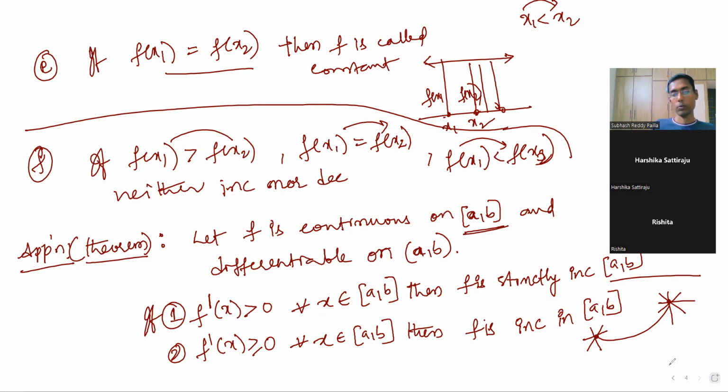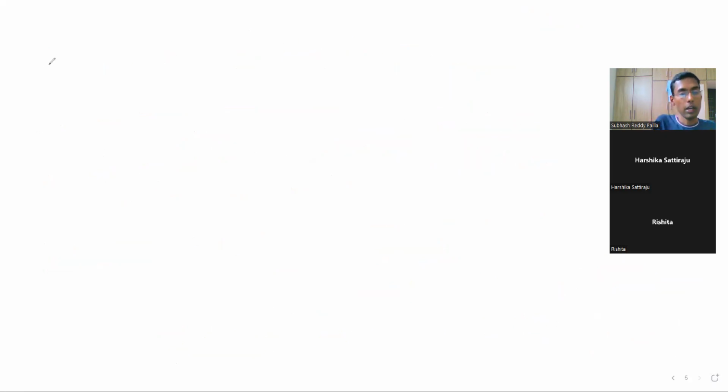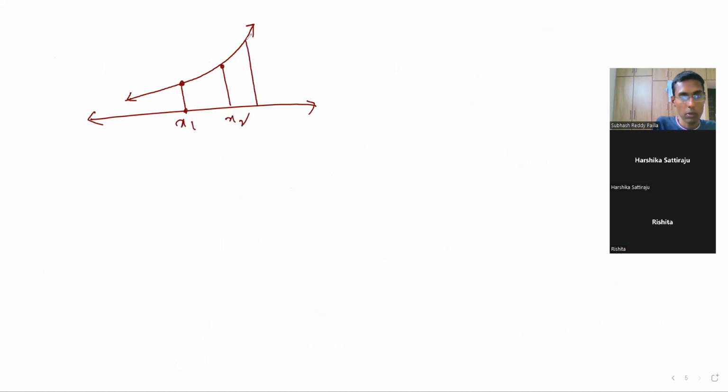I will tell you why. Already I showed you through the graph. Take x1, x2, x3, whatever you take, draw the tangent. Is the slope of the tangent positive or not?